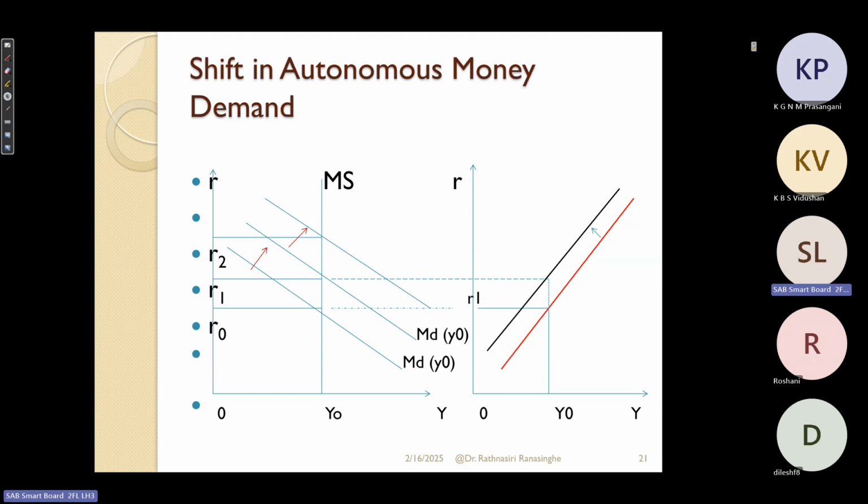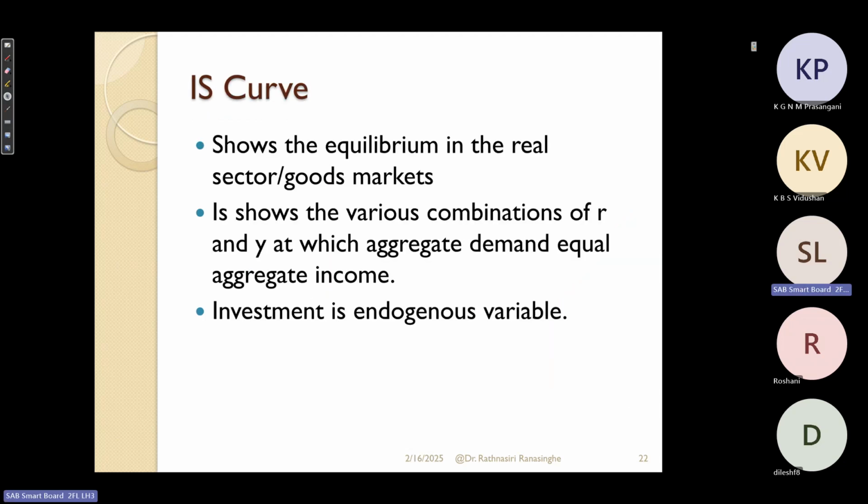If there is an increase in the money supply, the LM curve shifts to the right. If there is an increase in autonomous money demand, the LM curve shifts to the left. Is it clear? Those are the shifting factors.